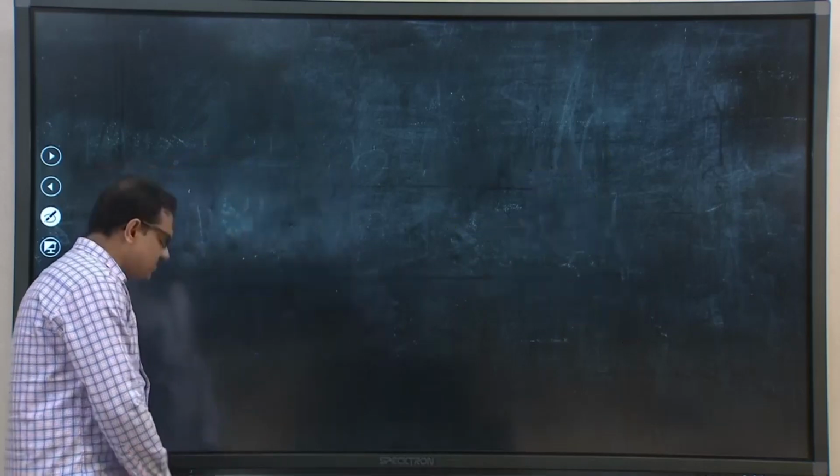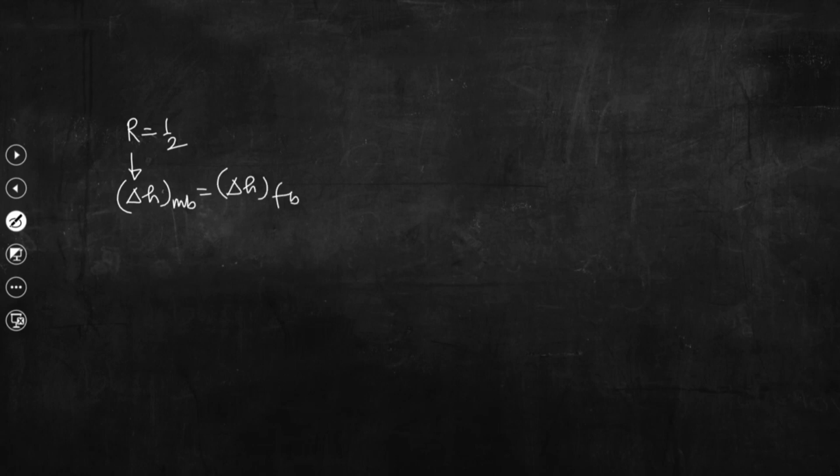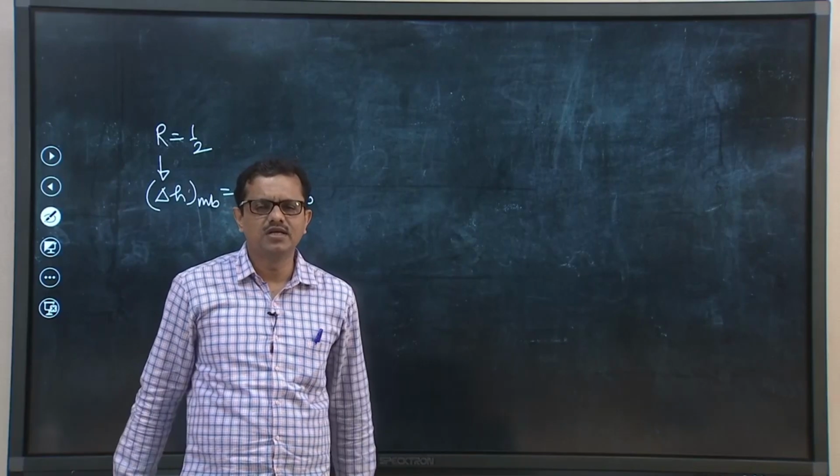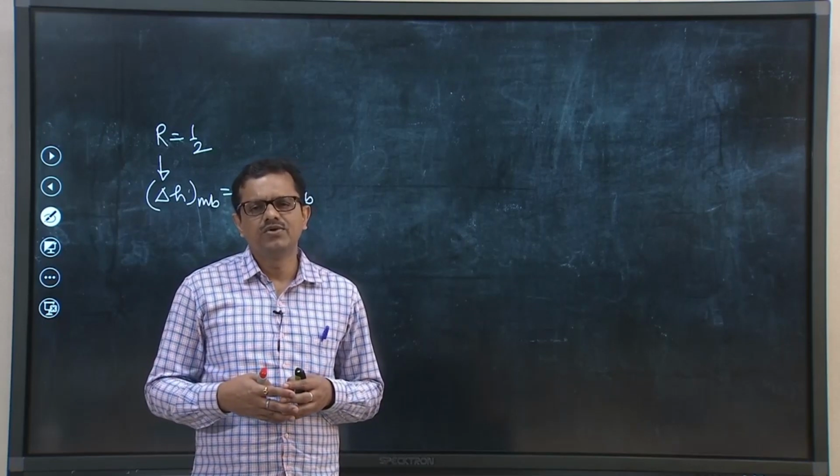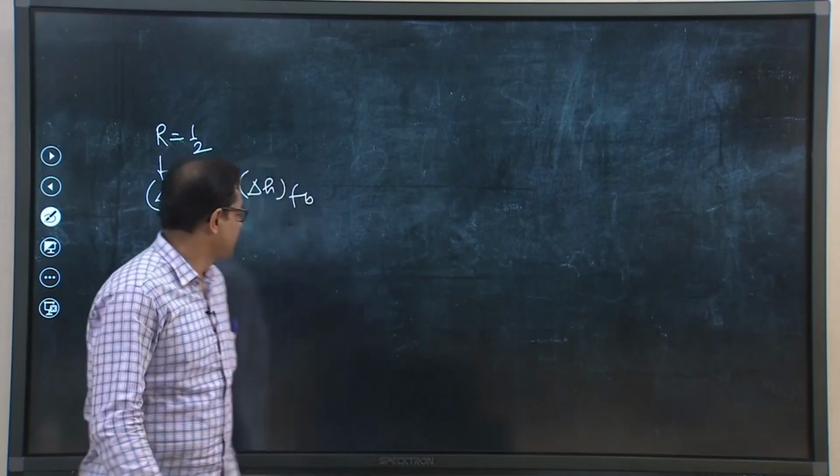If we try to draw the velocity triangle for this particular case, R equal to half, then delta H moving blade is equal to delta H fixed blade. That is, the enthalpy drop of steam while passing through the moving blades is equal to the enthalpy drop of steam when passing through the nozzles or fixed blades.